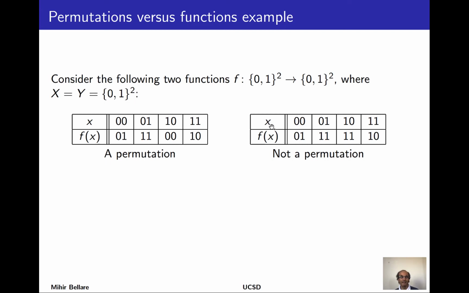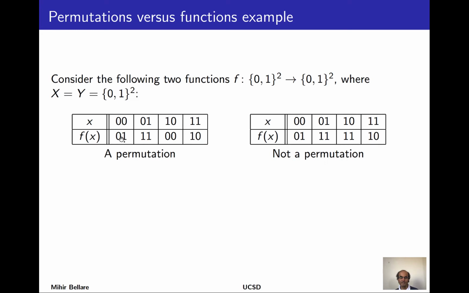Why is that? In the first case, we see that you can go backwards uniquely because for every point here, there's only one x that could yield it. In particular, these 4 points are all different from each other, and every 2-bit string appears here.